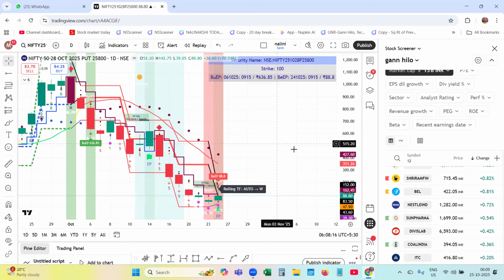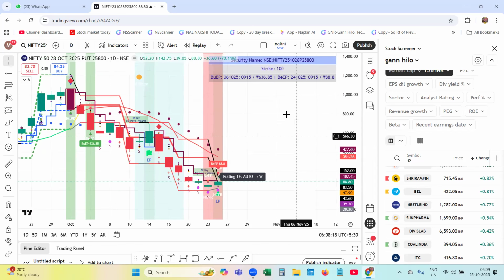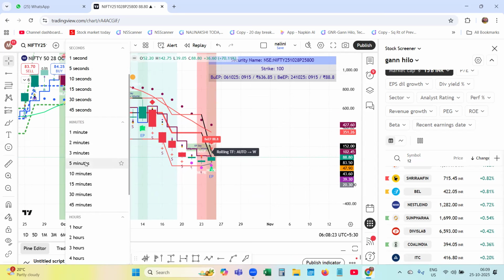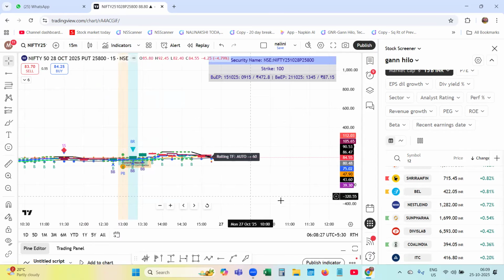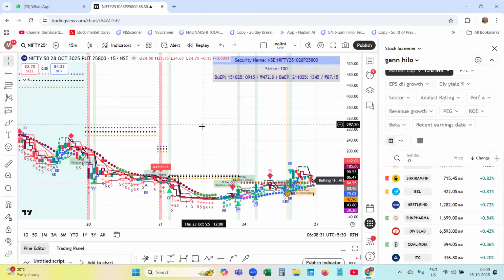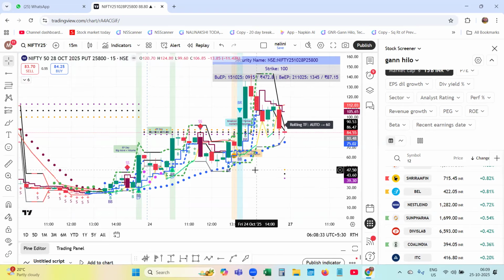When it is suggesting, we need to see. So then we'll change the time frame to lower time frame because they have sold it actually. So before the expiry, you can see they were accumulating from here itself.